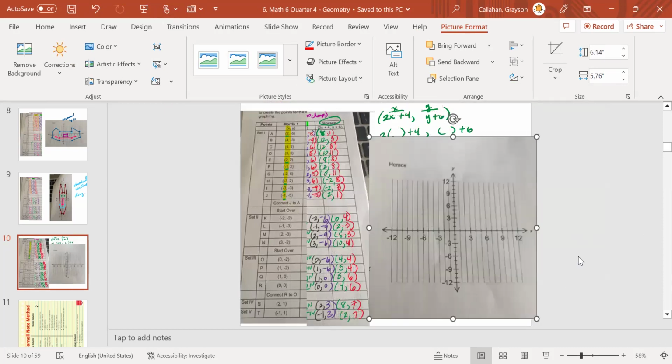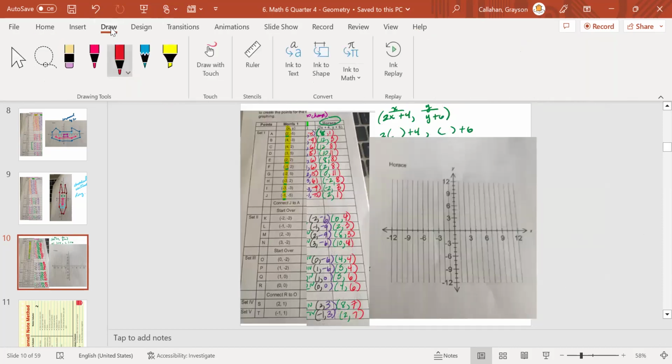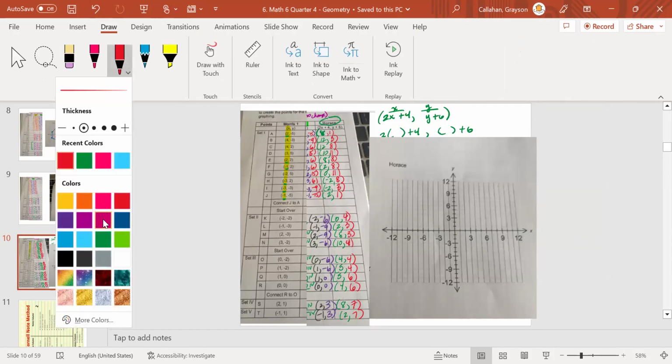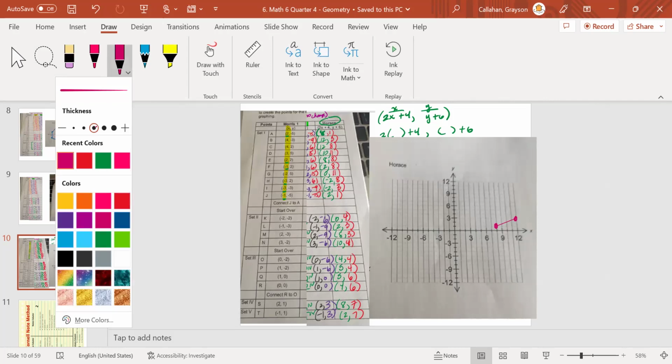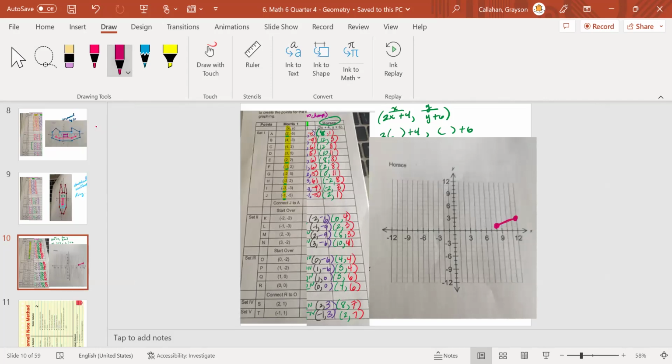Just annoying. Okay, let's go ahead and graph this then. My A is going to be 8, 1, 12, 3, 12, 8, 10, 11.